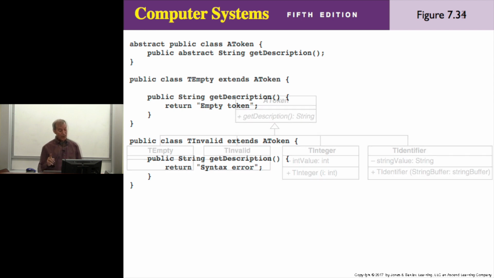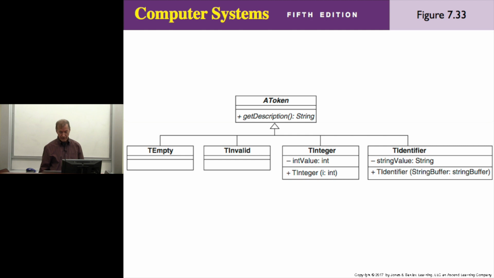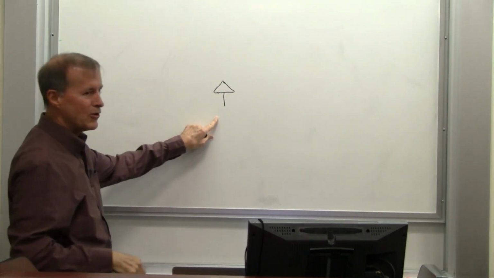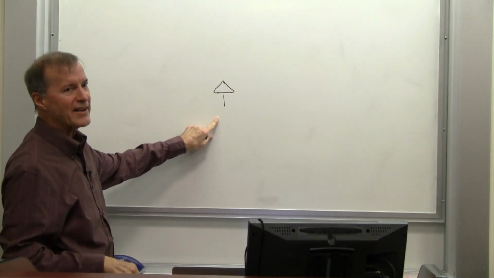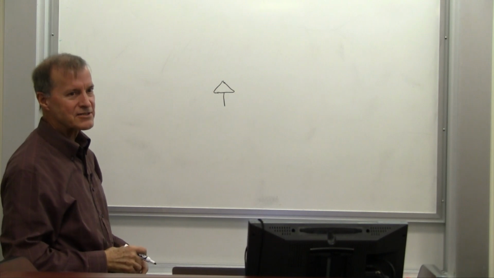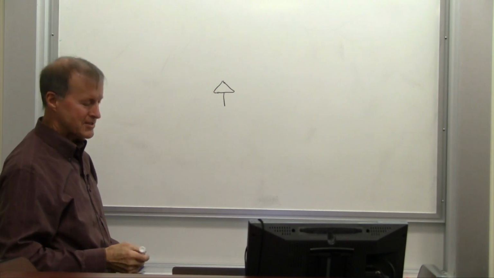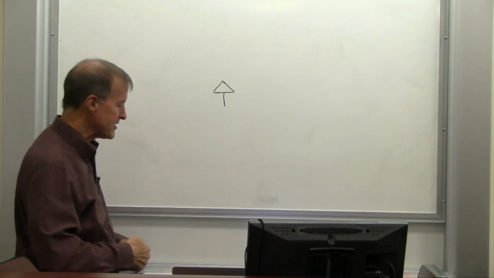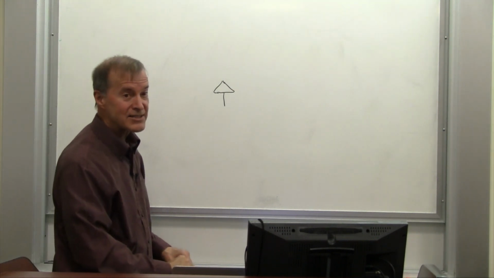All right, now let's go back to our UML class diagram. What is this triangle in UML? This stands for what? Inheritance. Is inheritance an is-a relation, or a has-a relation?